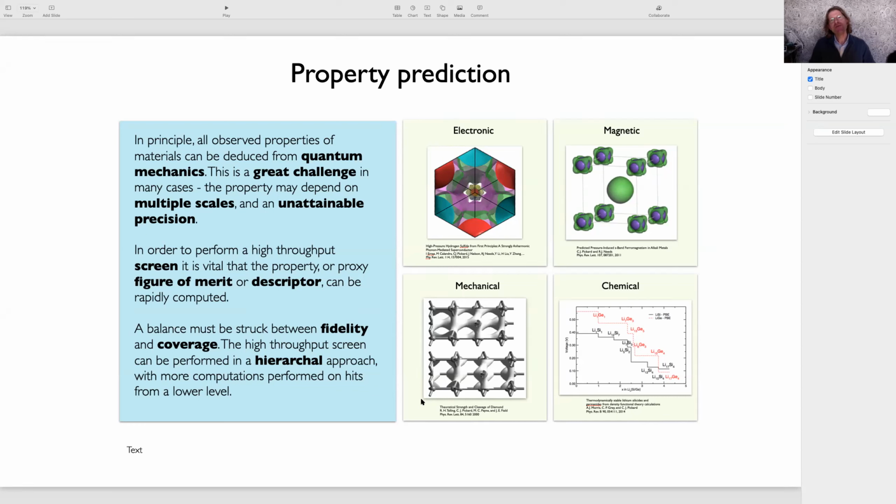So if you're doing these kinds of high throughput sweeps, it's important to think of an overall figure of merit for your system, and ideally a rapidly computable descriptor or proxy for the quantity. For example, if you're trying to find a hard carbon material or a hard material, you might want to try and maximize the density or the number of bonds per unit volume or something like that.